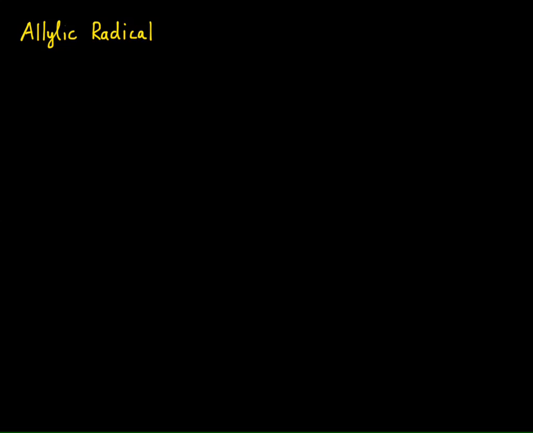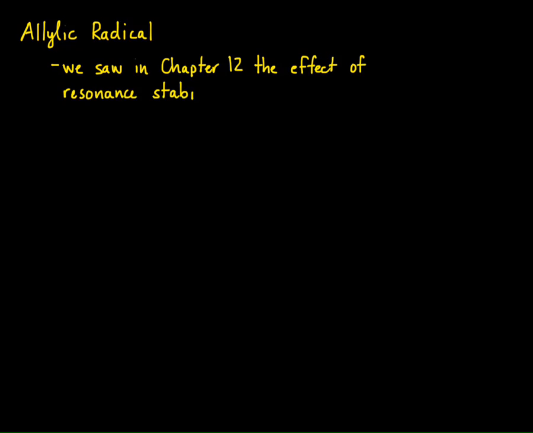All right. Briefly, we're going to talk about allylic radicals, because we've already seen in chapter 12 the effect that resonance stabilization can have on allylic systems. An example of this is when we take cyclohexene and react it with NBS in the presence of light.